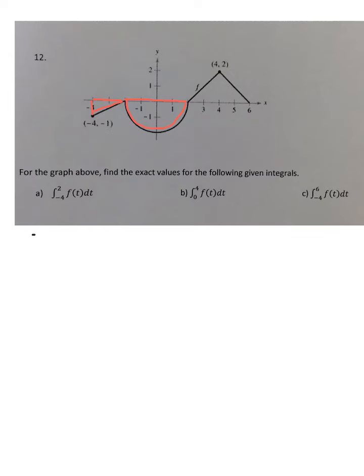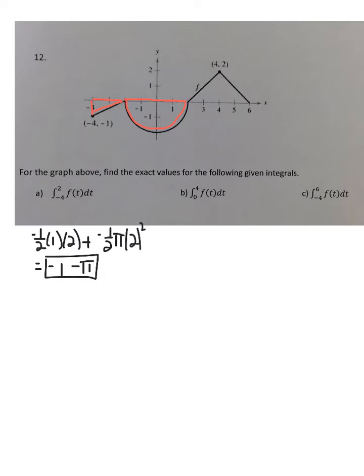So for the triangle, I'm going to do -1/2, the base, which is 1, and the height, which is 2, plus -1/2 pi r, which is 2 squared. And that ends up giving me -1 minus pi. You can leave your answer just like that.